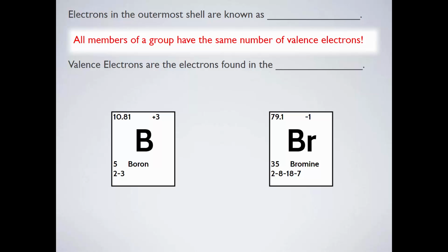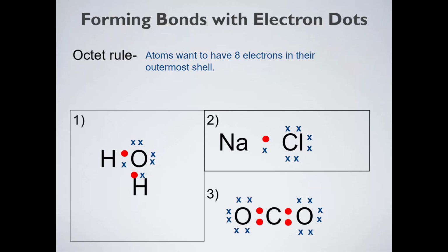All right, so let's just look at this and we'll have a simpler way to actually figure this out. So on this one, shared. How many does carbon have? 2, 4, 6, 8.